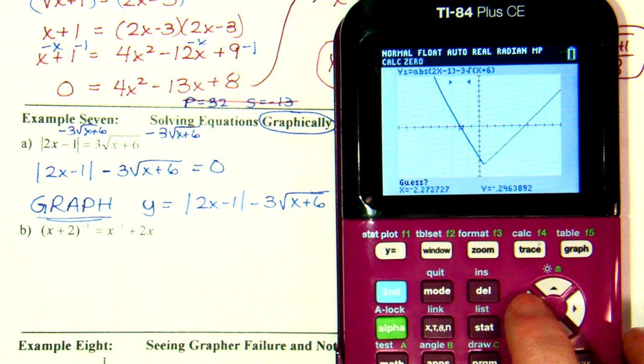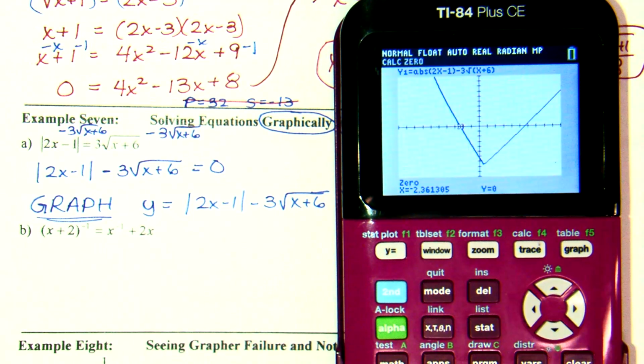Does your zero match my first zero? Negative 2.361. Yep. Negative 2.361305 is what mine says. You only write the first 2 decimal places, right? Yes, I have hundredths, so I have 2 decimal places.